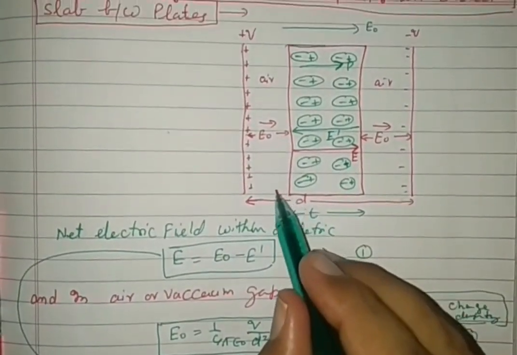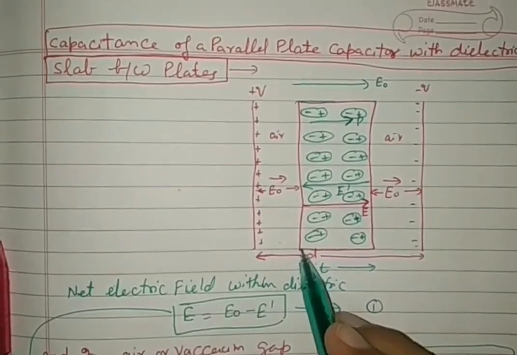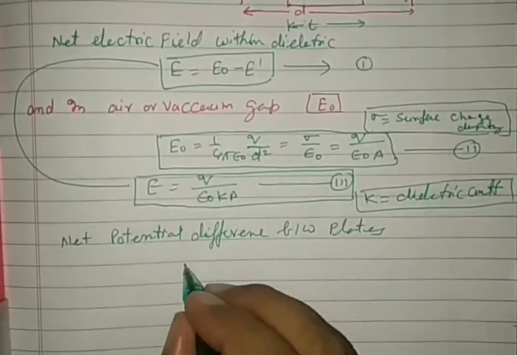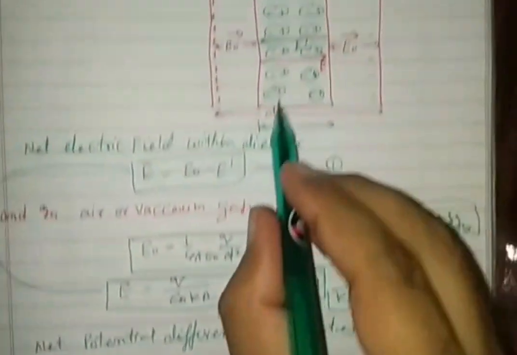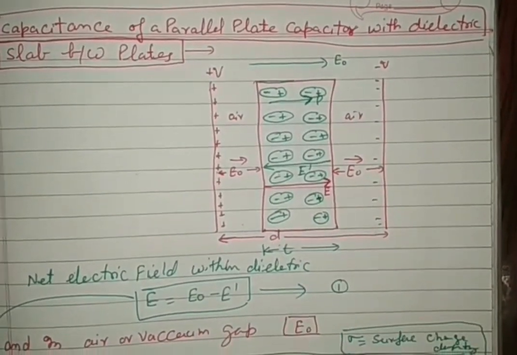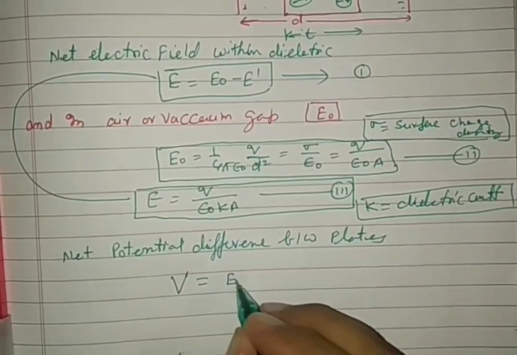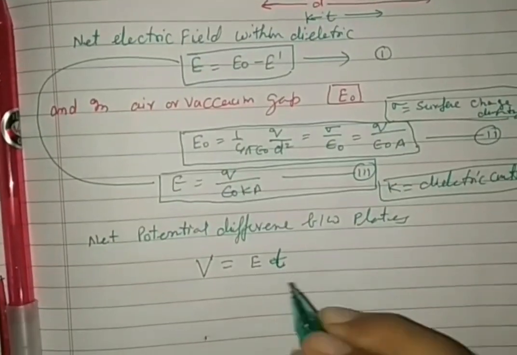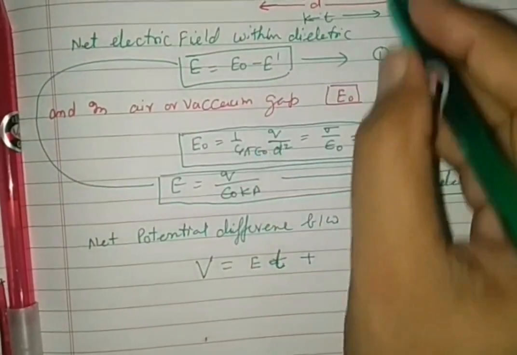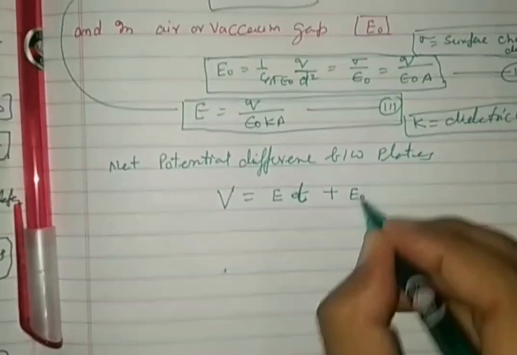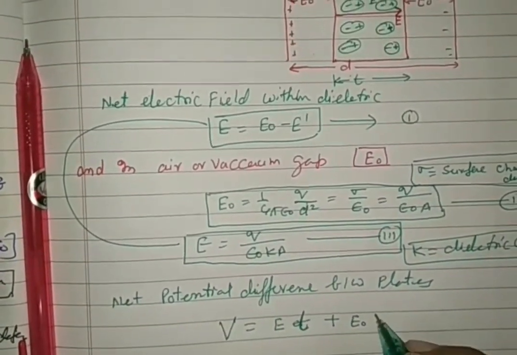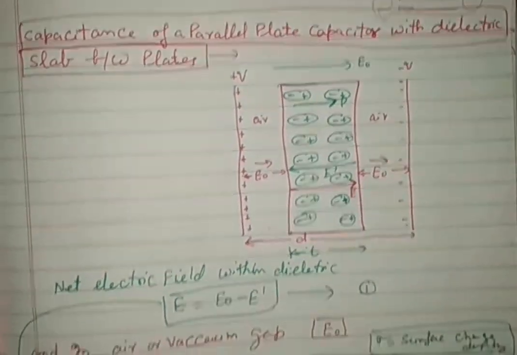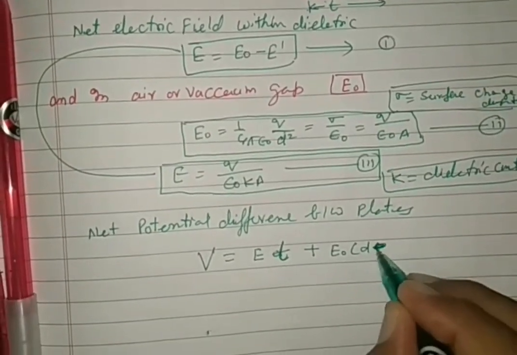It is the potential difference across the dielectric slab plus across the gap. Across the dielectric slab the field is E and its thickness is T, so E into T, plus across the gap the electric field is E naught. E naught into the gap; the total is D and the slab is T, so the gap on both sides is D minus T.